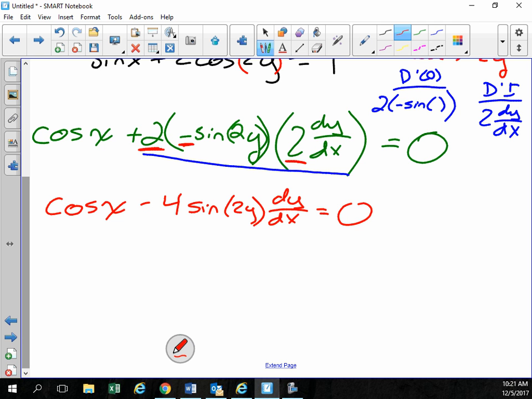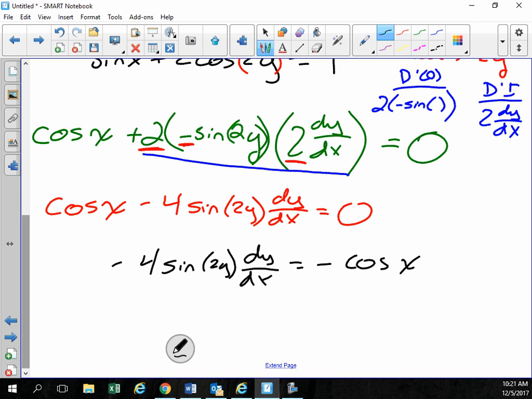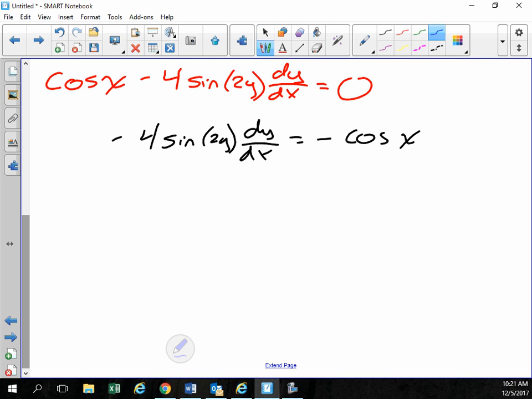Alright, what am I solving for again? Solve for dy dx. So what am I going to do? Alright, move the cosine. So that should be 5.